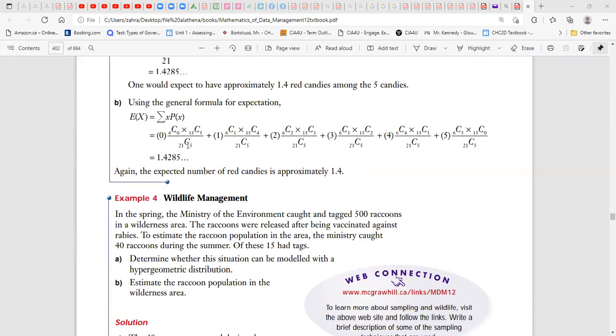The total outcomes are 5 selected from 21. If you choose 1 red candy, 1 out of 6, the rest of them, 4 out of 15, divided by the total, and make sure you multiply it by the random variable. So this is 0 red, 1 red, 2 red, 3 red, 4 red, and so on. You add them up, and you will get the same number.